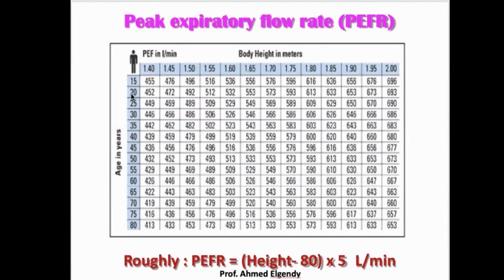For example, if you are 20 years old and your height is 170, it will be around 573. Roughly, we can say height minus 80 times 5 liters per minute is your PEFR.